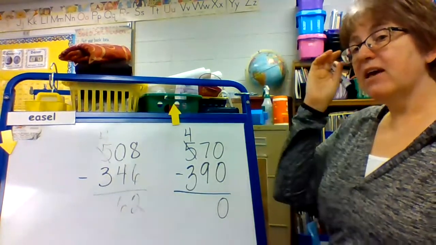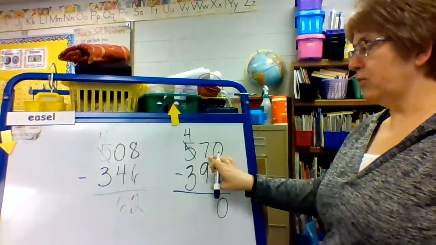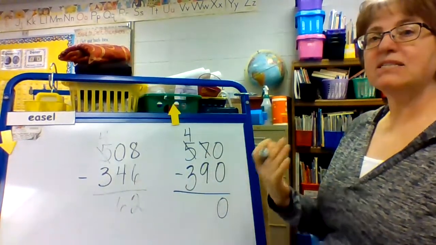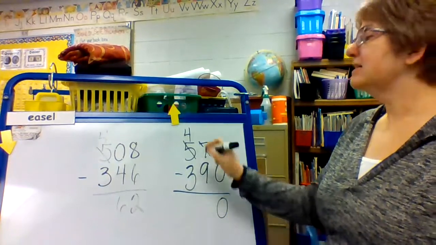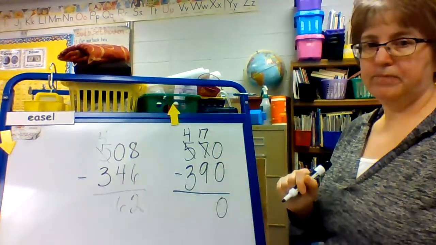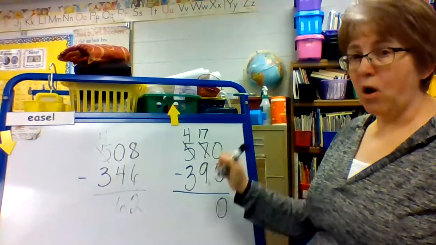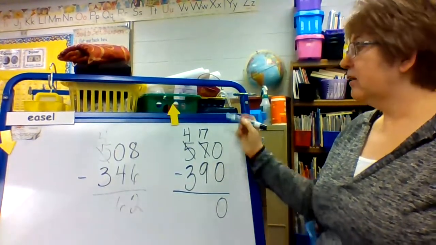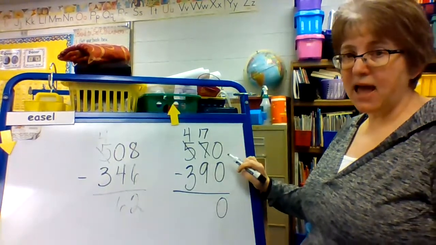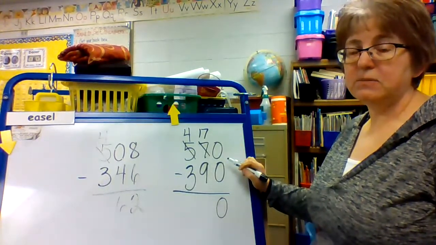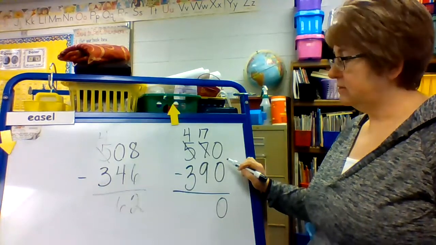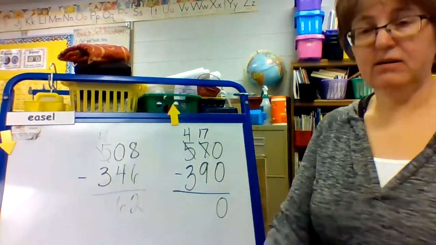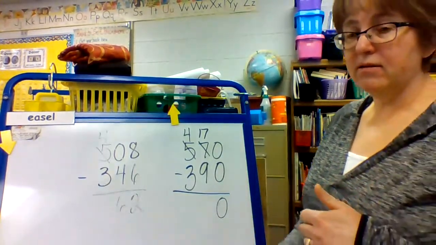I'm going to take the 10 tens and put it with the 7 I have already. So 10 plus 7 gives me 17. Remember, we have to add to what we already have, so it's not 10, it's 17. Now, 17 minus 9 gives me what? Or what plus 9 gives me 17? I can think 9, one more is 10.